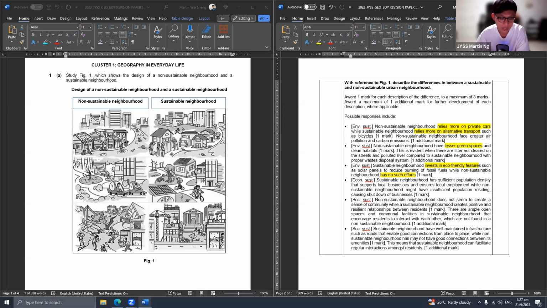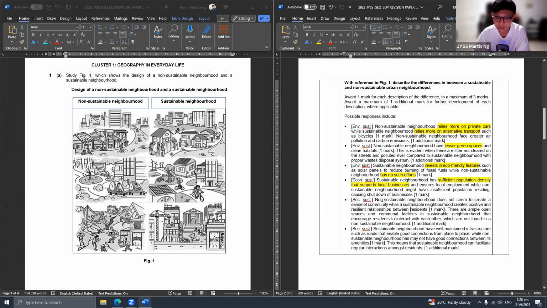And then if we look at the last box over here, you can actually see that all these are high-rise flats. And then it also helps the shop to remain open. So that is why there is economic sustainability shown in this picture. So sufficient population density that support the local business.